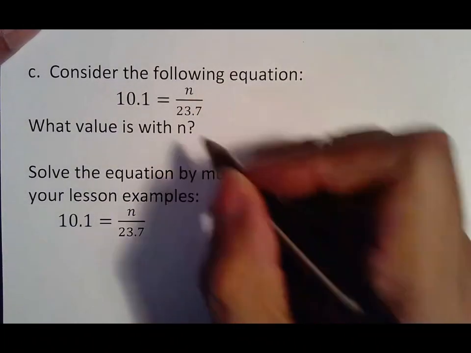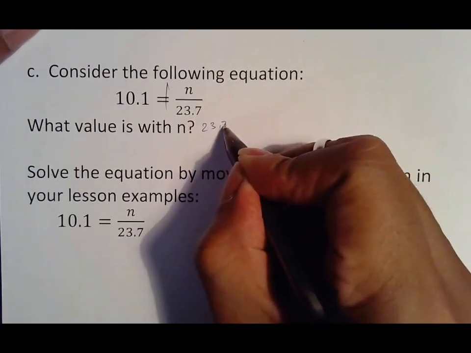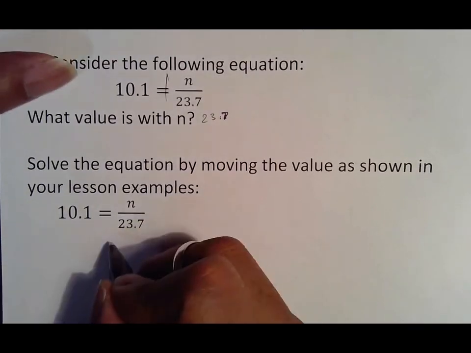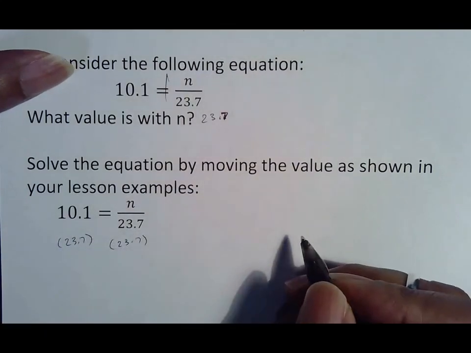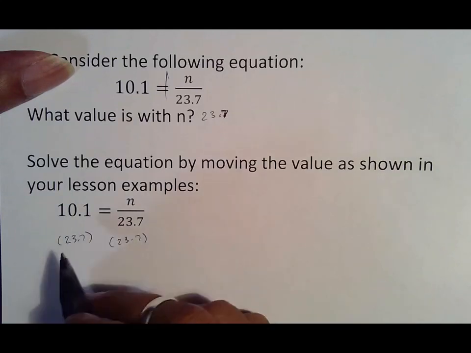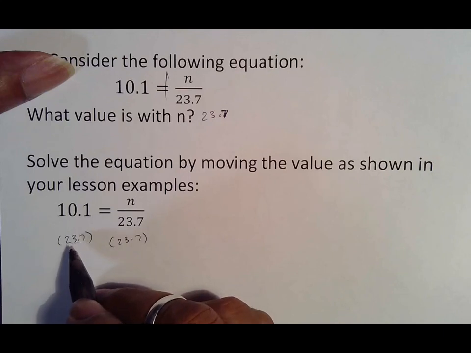10.1 equals n over 23.7. Again, my wall's here. 23.7 is with n. Hopefully you can see that by now because that's really the main skill you need. Then we're going to move the 23.7 by multiplying by 23.7. I should know what this is too.